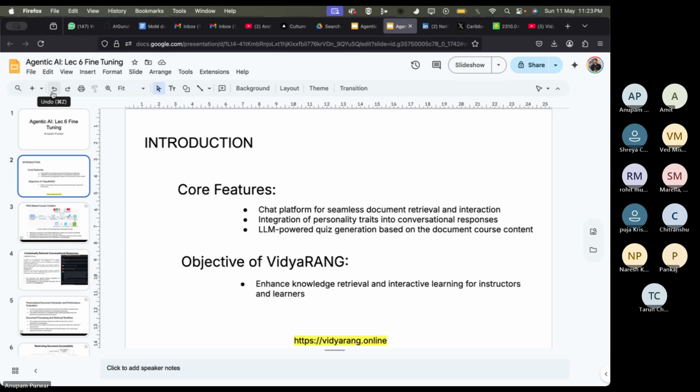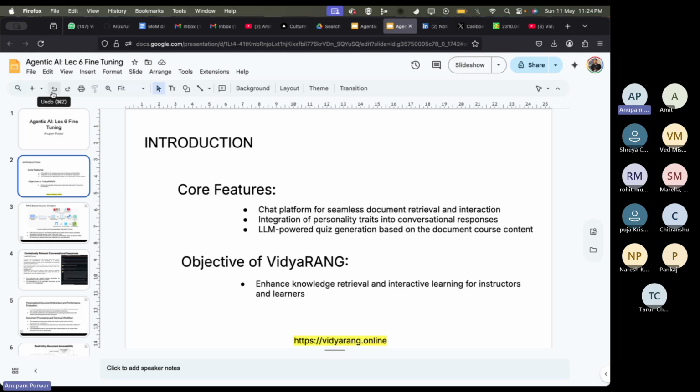So to feed any new information, RAG is something which does a good job. That's where RAG is being used. But for things like personalization, the way it responds, the way it answers, fine tuning does a much better job, because the way it should respond won't really change a lot.